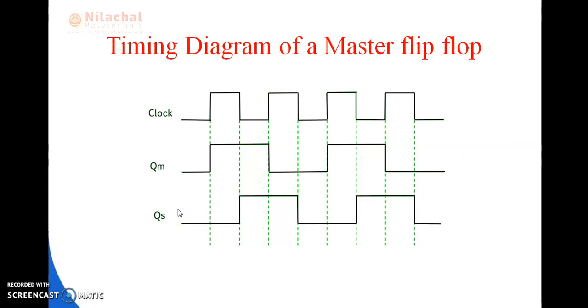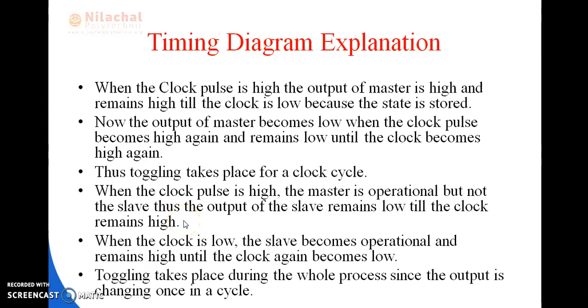Then this is the timing diagram of a master slave. This is the clock pulse, and according to this clock pulse, these are the two outputs. Here QM stands for the output of the master flip-flop and QA stands for the output of the slave flip-flop. So let us see the explanation of the timing diagram.